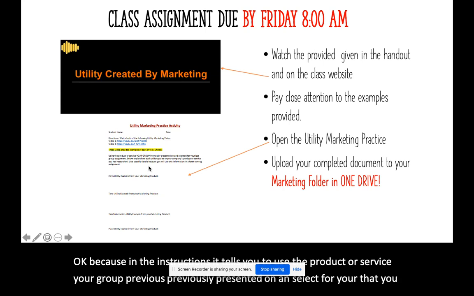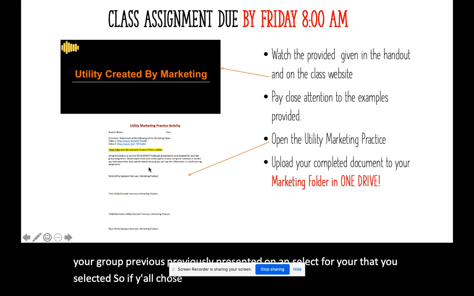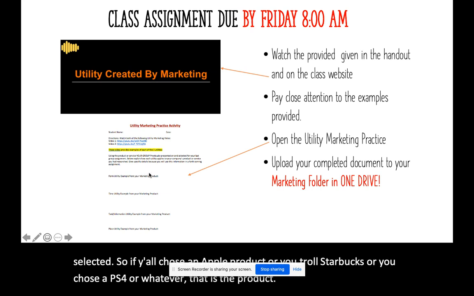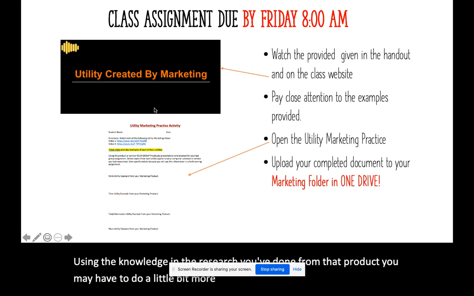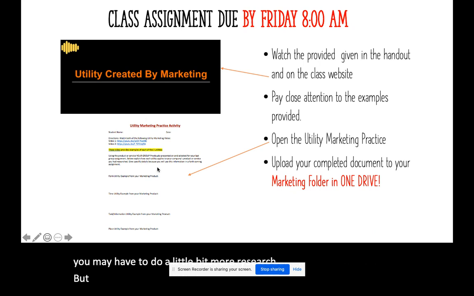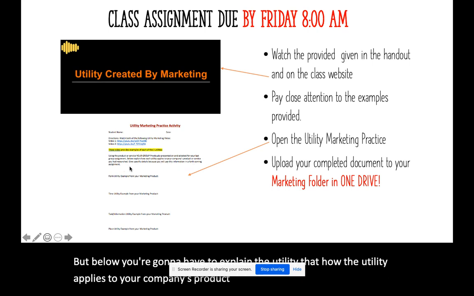So if y'all chose an Apple product, or Starbucks, or a PS4 or whatever, that is the product. Using the knowledge and the research you've done on that product, you may have to do a little bit more research, but below you're going to have to explain how the utility applies to your company's product or service you have researched.